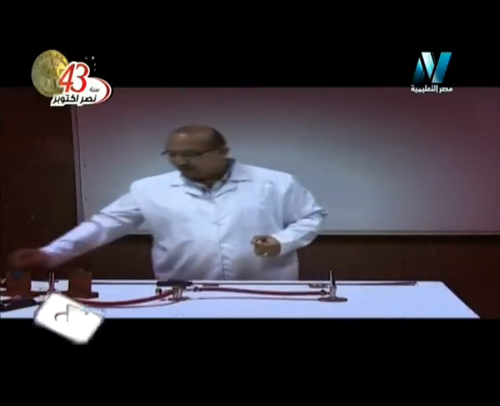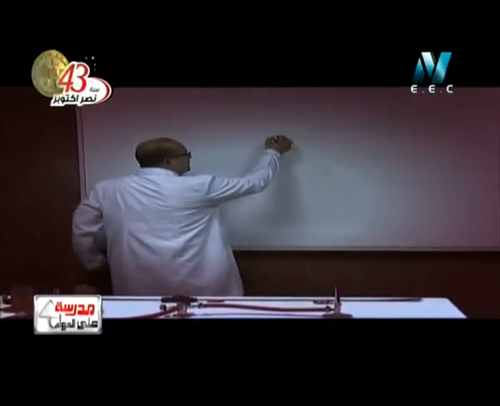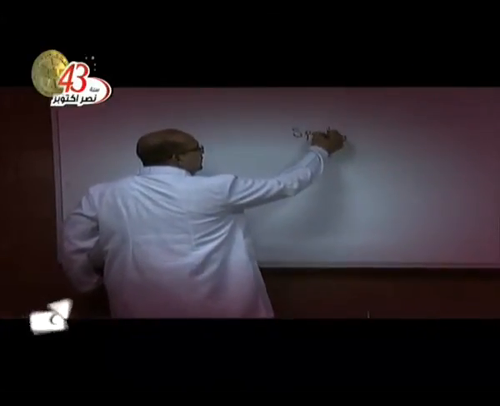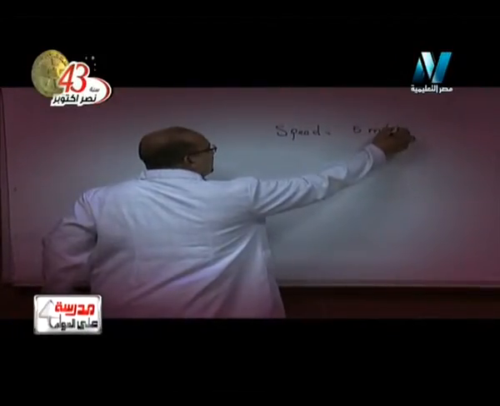Scalar physical quantities we can recognize by knowing only the value. But there are other physical quantities we can describe by knowing the value and direction, or measuring unit and direction. For example, on the board we can say speed equals 5 meters per second only.